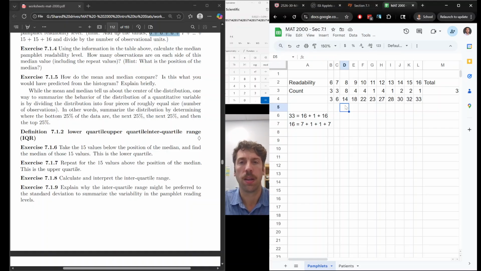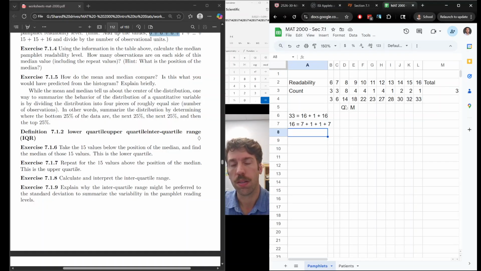So here's my Q1, there. And then my median was there, the 17th one. With my 33 total, I have set my 17th as the middle one.